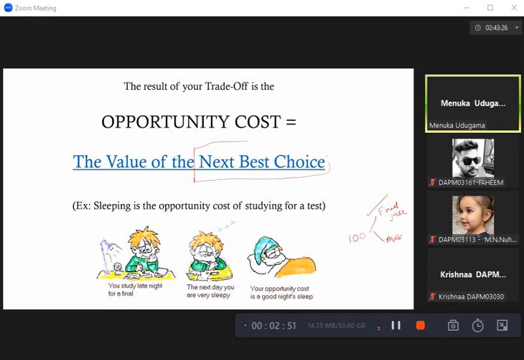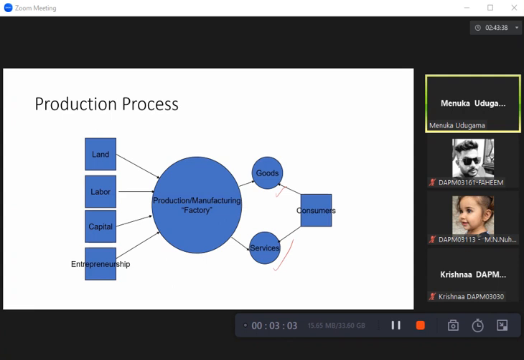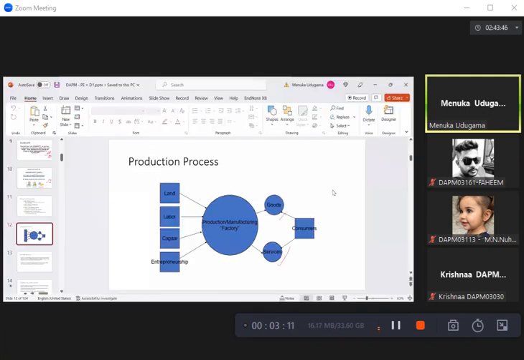If you have two options and you pick one, the cost is the foregone benefit, the benefit that you have to give up. Then the four factors of production in economics: land, labor, capital, and entrepreneurship. Using these factors of production, firms or the economy produce goods and services which are consumed by the consumers.